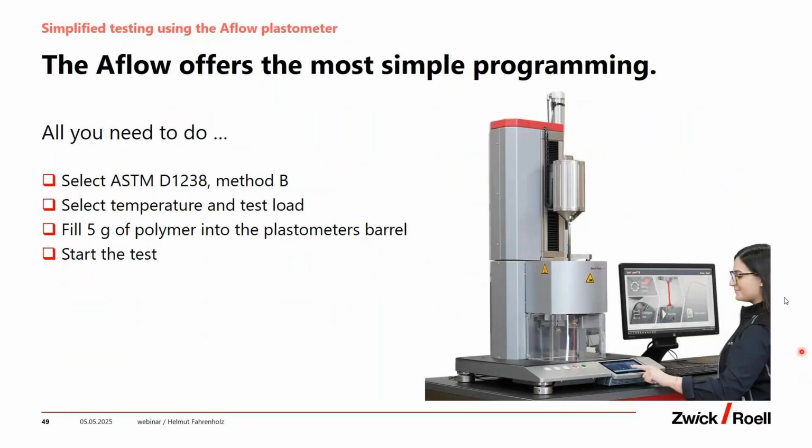So with the Aflow, everything you have to do is select the right standard, ISO or ASTM, select temperature and load according to the specification standard, fill typically 5 gram of polymer into the plastometer and start the test. Everything else the machine knows by itself.